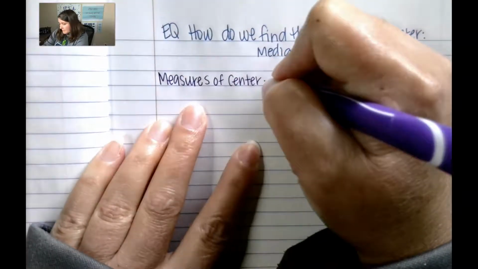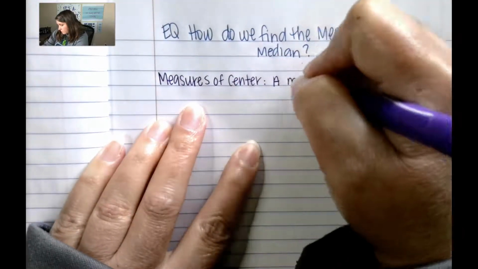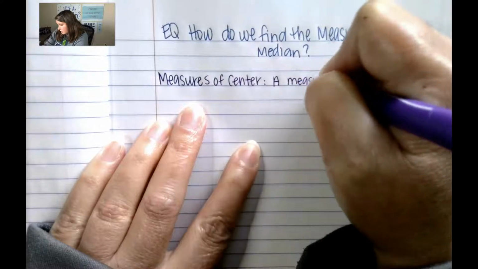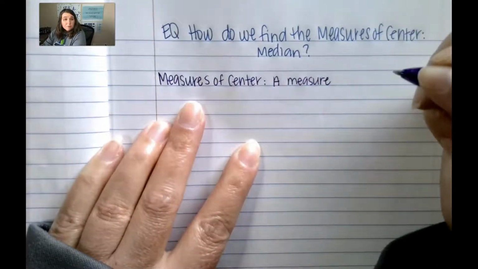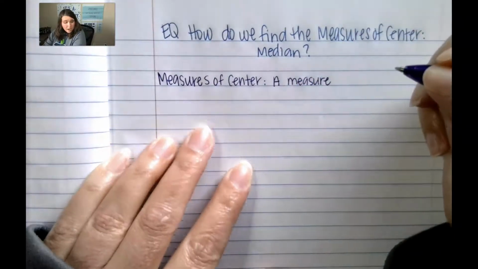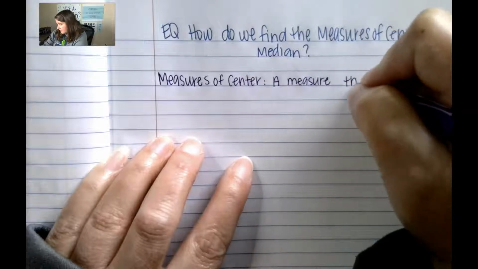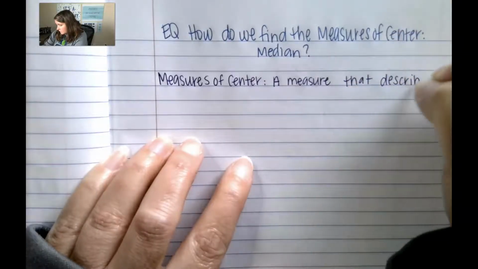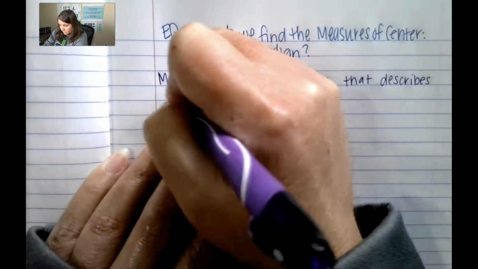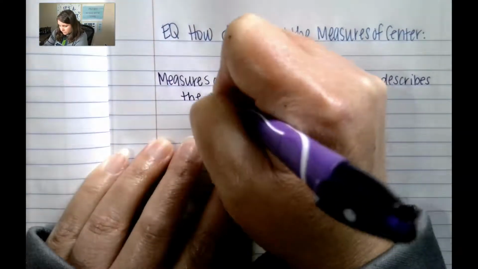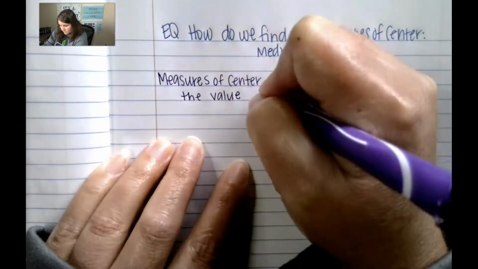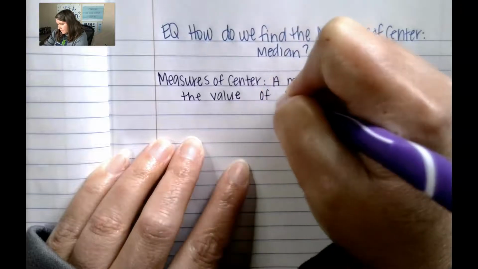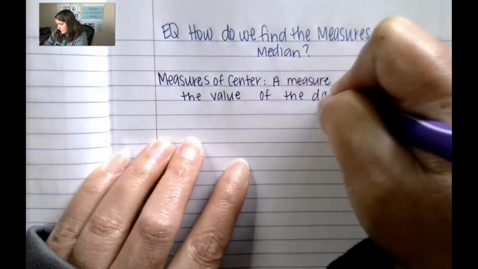So this is a measure, just like mean. Mean was a type of measure. It was the average. A measure that describes the value of the data set.